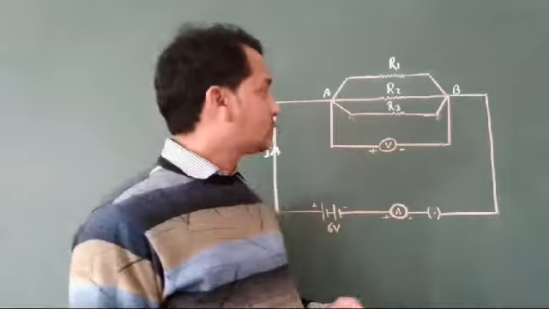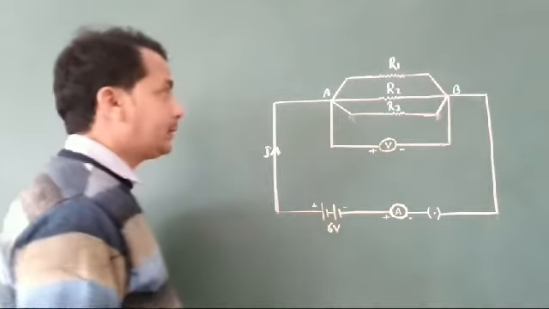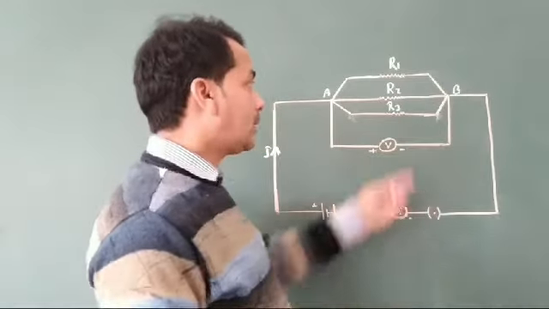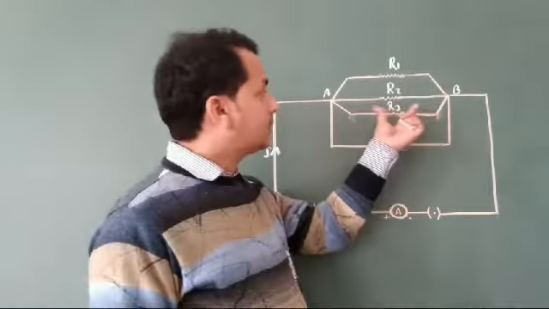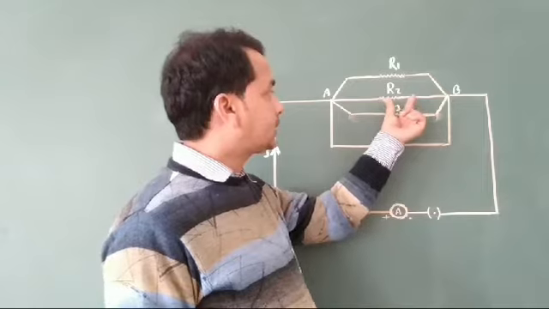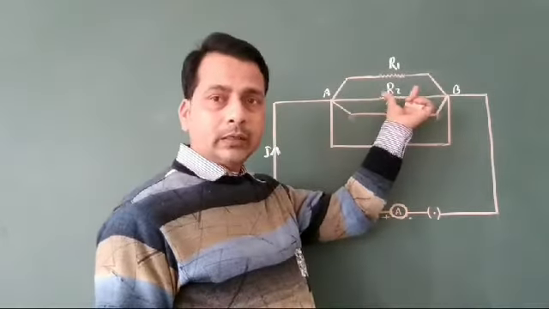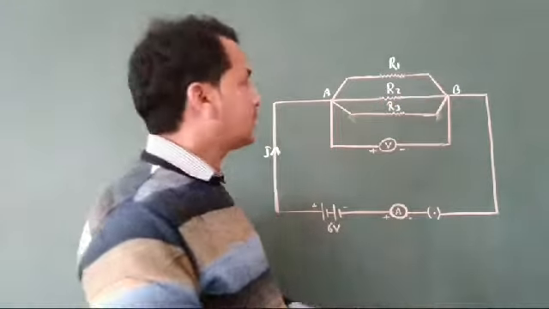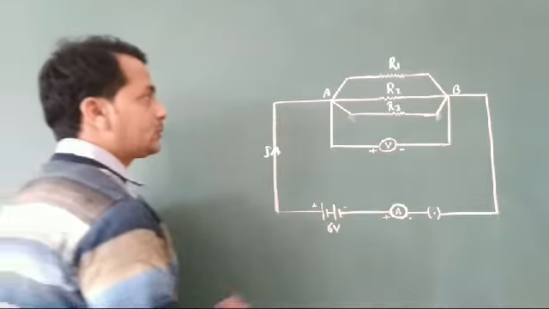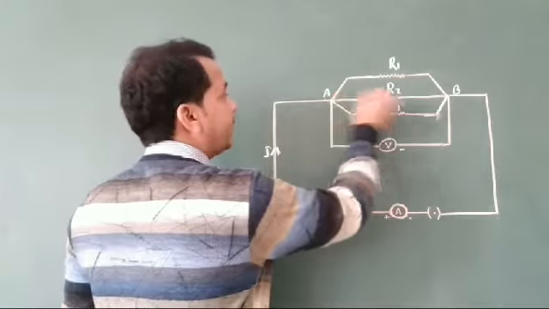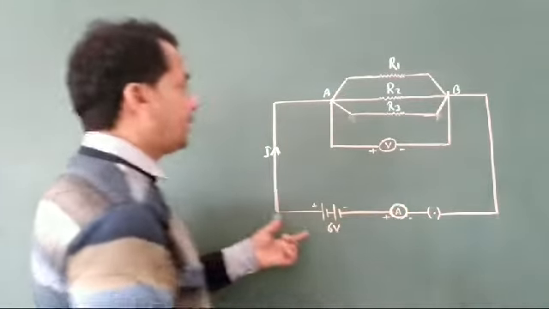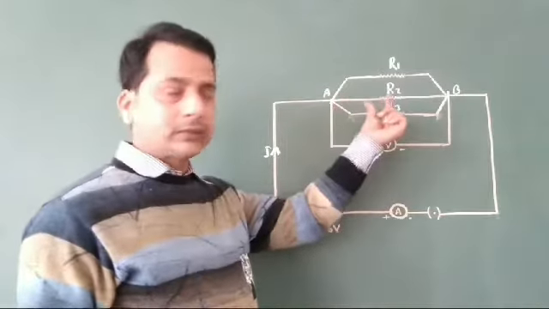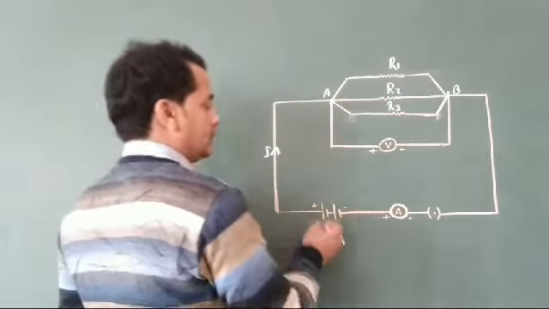Here is the circuit diagram with the three resistors R1, R2 and R3 in parallel combination, because the three resistors are joined at points A and B, and the electric current in the three resistors is different.